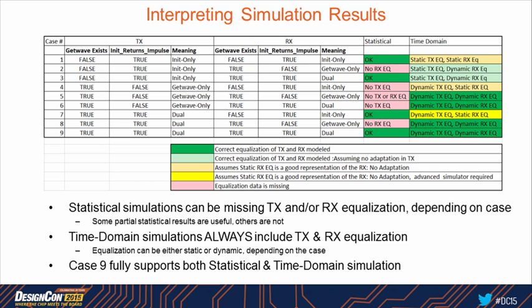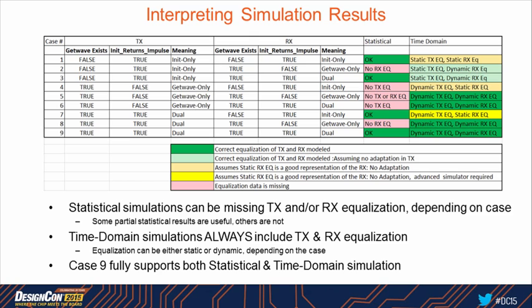The statistical results are sometimes missing behaviors that still allow the result to be useful, like this is the signal at the RX pad, or sometimes they're just not particularly useful at all, like a signal that has receive equalization but no transmitter equalization has no correspondence to a node in the physical circuit, and therefore it's not really useful, and we don't really do much with it.